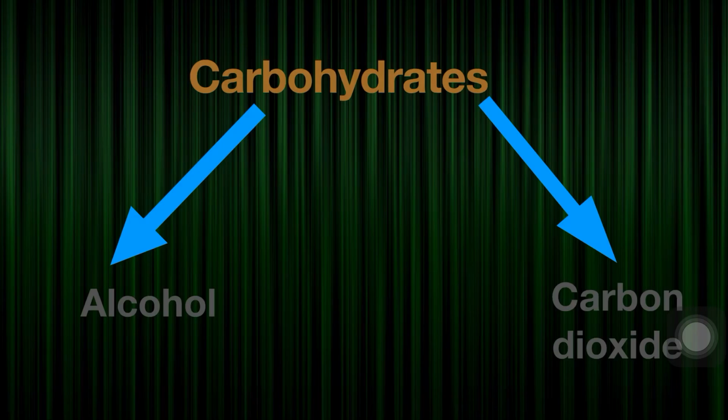In the above experiment, yeast grows and multiplies very quickly due to the carbon compounds in the sugar solution. In the process of obtaining nutrition, yeast cells convert the carbohydrate in that solution into alcohol and carbon dioxide. This process is called fermentation. This conversion of carbohydrate into alcohol and carbon dioxide is called fermentation.